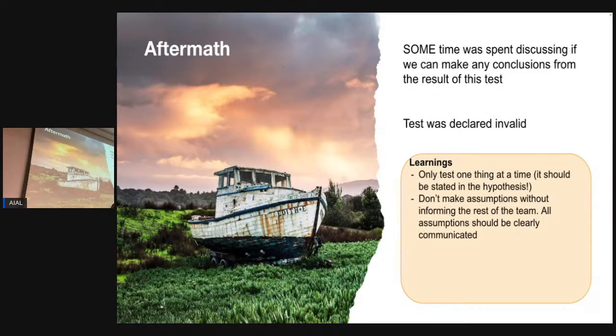Also, don't make assumptions without informing your team. So the assumption that the team made was those 2 search suggestion engines don't really differ in terms of user experience. So that was also a mishap in communication. So yeah, we should communicate more.